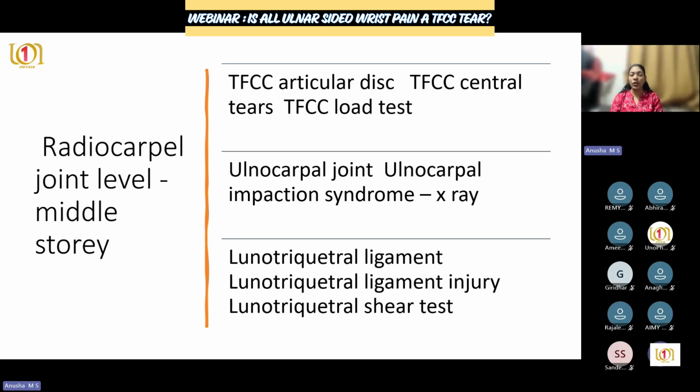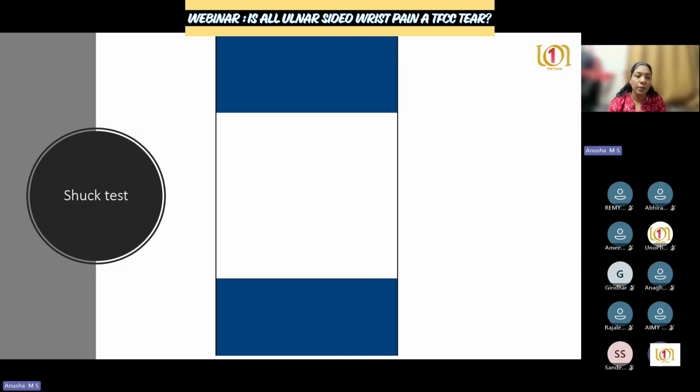So again, in the middle story, three structures are there: TFCC, ulnocarpal impaction, and the lunotriquetral ligament injury. These things we have to look for. So the TFCC load test I showed you now. Then for lunotriquetral, we are going to see how to do the lunotriquetral shear test. It's called the shuck test, to identify lunotriquetral ligament injury.